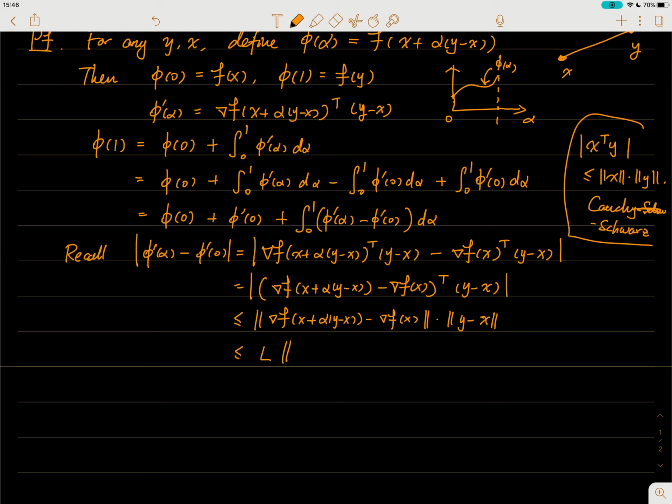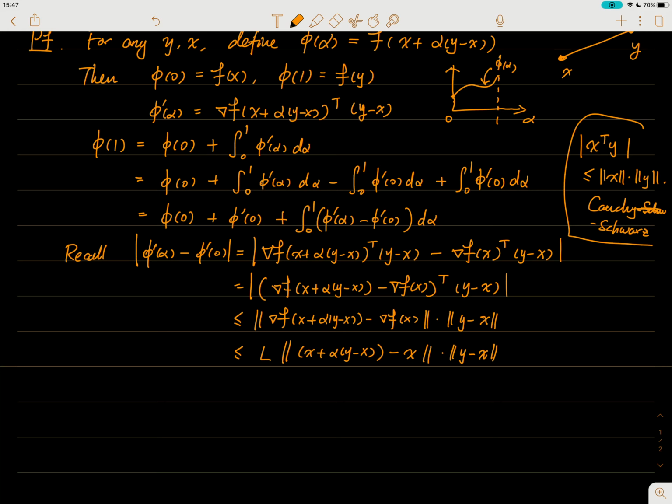So the difference of the arguments: the first argument is this, the second argument is x. And then I still have this outside. You can see inside here, this x is cancelled with this x. So this will be cancelled, and then I'll have just alpha times y minus x. But alpha is a scalar, so I can pull it out.